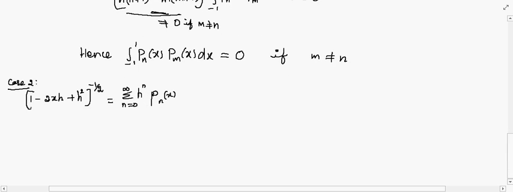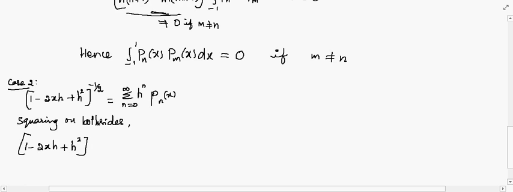Now squaring on both sides, we will get here 1 minus 2xh plus h square whole power minus 1 equal to, now right hand side also we have to take the square.